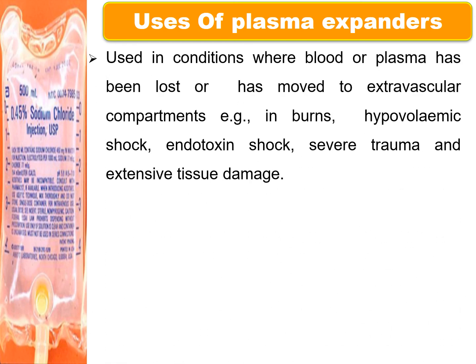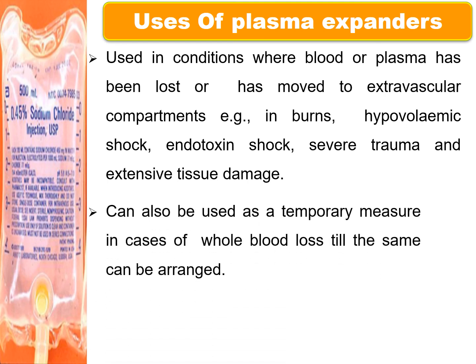These plasma expanders are used in conditions where blood or plasma has been lost, or has moved to the extravascular compartments. For example, in cases of burns, hypovolemic shock, endotoxin shock, severe trauma, and extensive tissue damage. Further, plasma expanders can also be used as a temporary measure in case of whole blood loss till the same can be arranged.